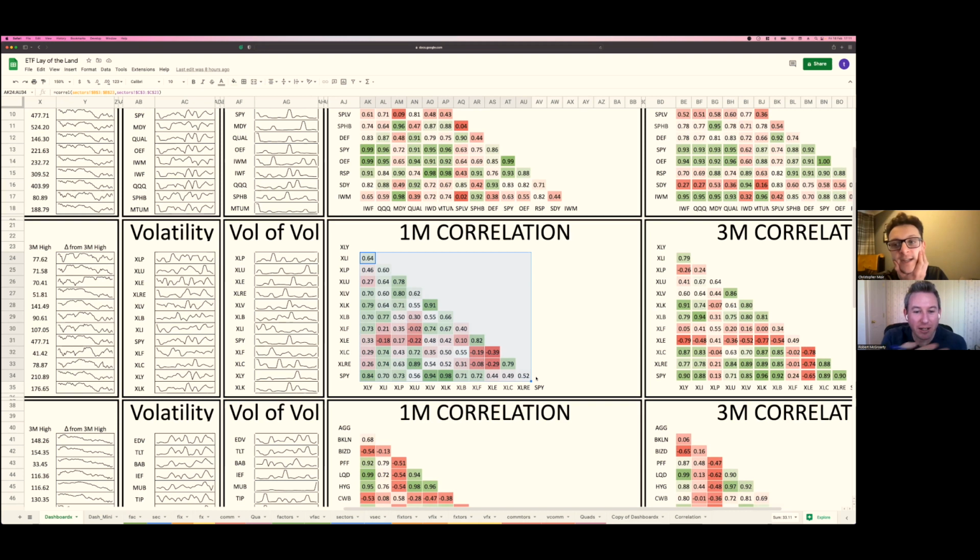I don't use correlations other than main ones like dollar, bond, gold correlations. To me it's more big macro correlations that I incorporate into my process. I don't go granularly on, say, US sectors.